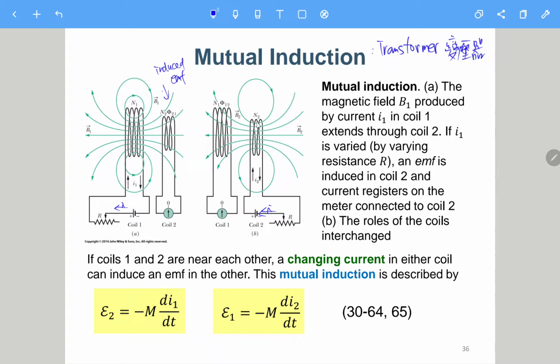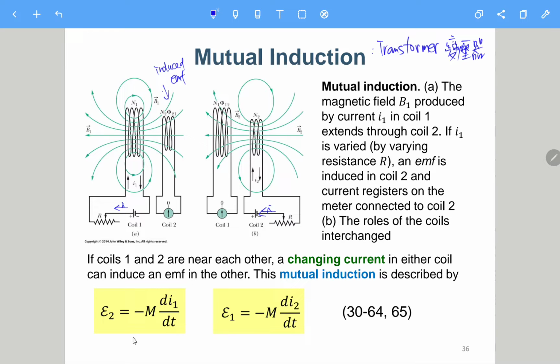In this case, it will generate induced EMF and induced current. We can also use an ammeter to measure this induced current. So this is the so-called mutual inductance, which means that if we put two coils close to each other and provide a changing current to one of the coils, then the other one will have induced current and induced EMF.